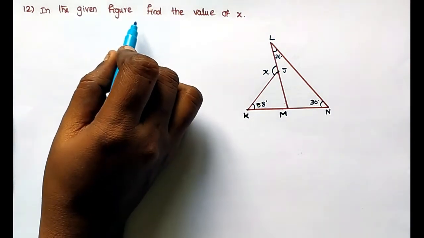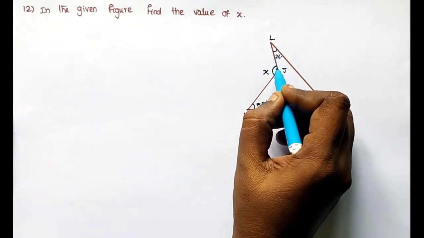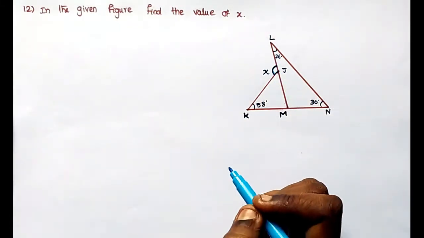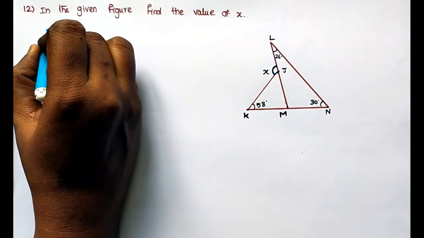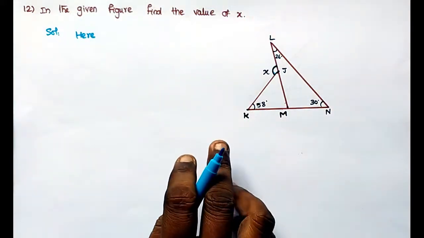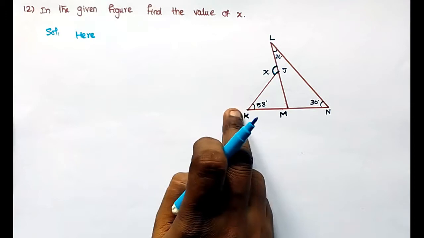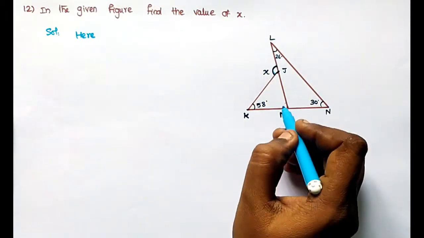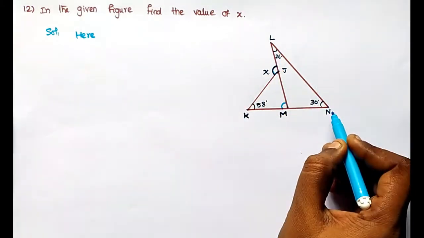12th sum. In the given figure, find the value of x. Listen, we want to find this one. First, here angle LMK is exterior to these two angles, right?